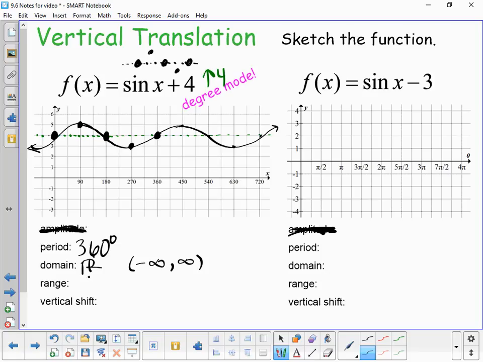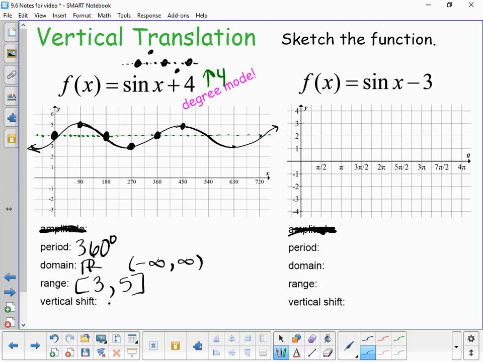So the range here is from 3, the lowest value, up to the number 5. And also remember that we use square brackets there because we do include those two values. The function has a value of 3 right here at 270 degrees. It has a value of 5 right here at 450 degrees, and also in other places.